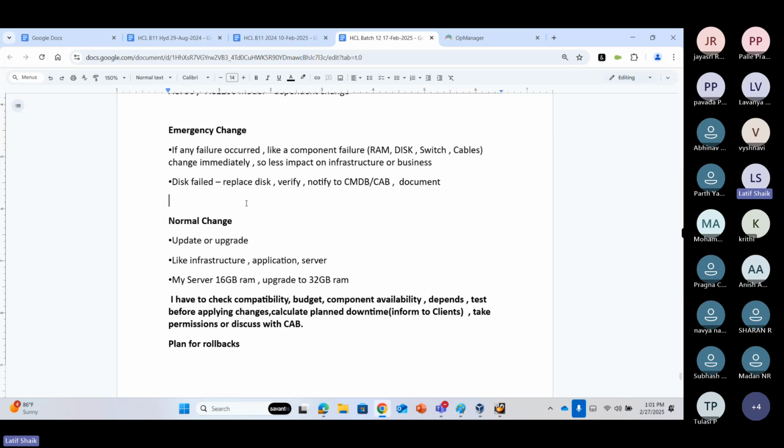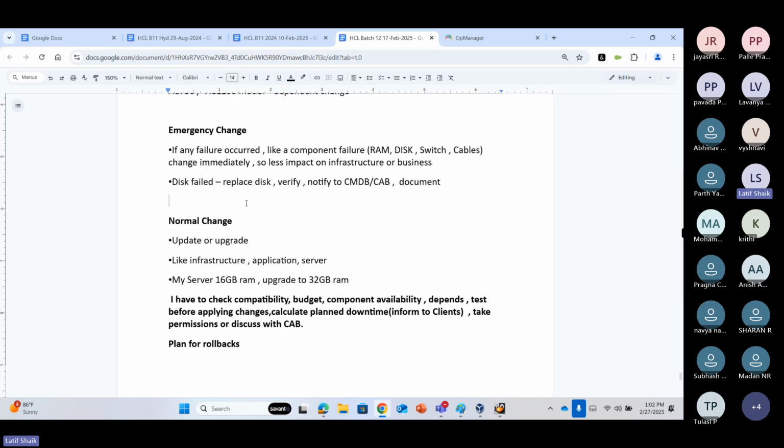Now it is functioning, but you didn't follow the actual change management because of the emergency. If the service is down, there is more impact on the customers and more service-related issues. So what you have to do is resolve it first. Then you have to inform the configuration management database and inform the CAB also.